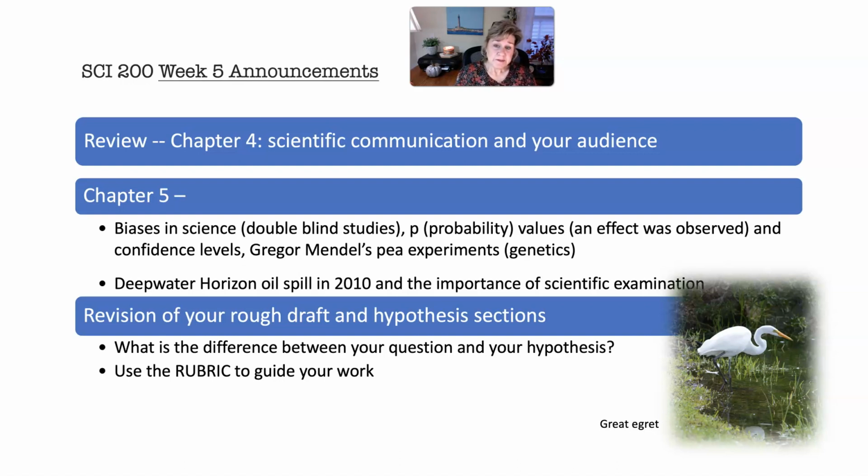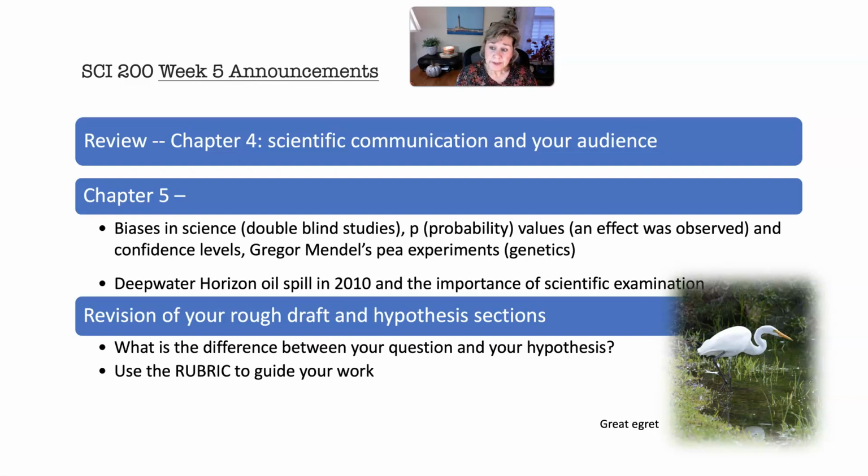A hypothesis is a much smaller question that can be used to develop a series of experiments that can be tested. That question in the beginning was a big overarching question that has to do with your whole topic. So that's the difference. Your question in the beginning was big, your hypothesis is small and testable.